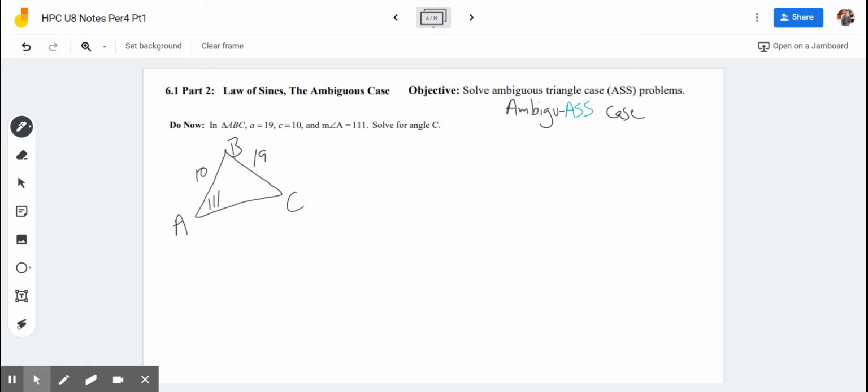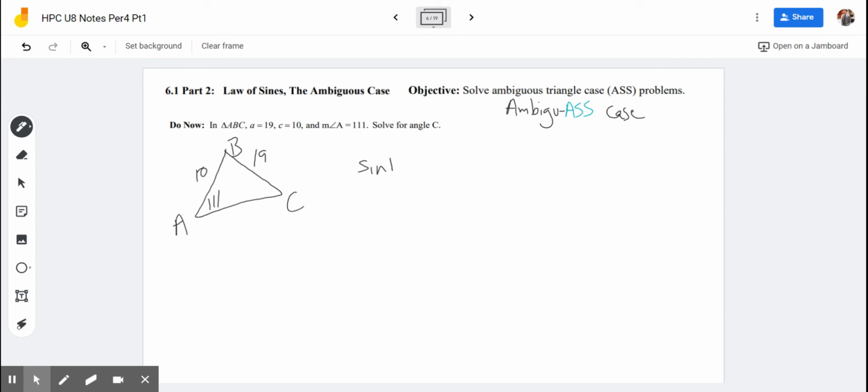So you see how here we're only given one angle and then two sides. So that's why it's an ASS problem, or SSA. When you're given one angle and two sides, and the angle is non-included, it's an ambiguous case, okay? But we can still set up a law of sines problem.